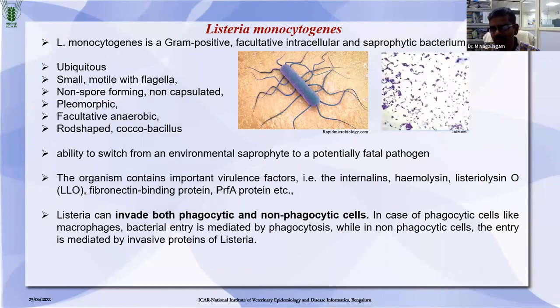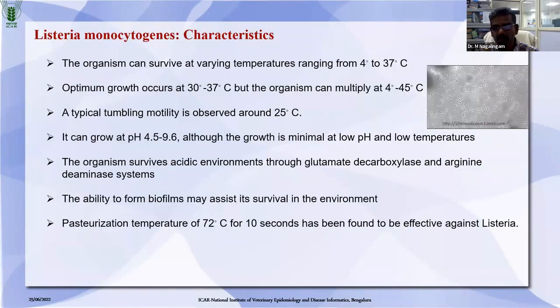It can invade both phagocytic and non-phagocytic cells. In phagocytic cells, the macrophages, entry is mediated by phagocytosis, while in non-phagocytic cells, entry is through the invasive proteins produced by Listeria. And these characteristics are very important in its infection.